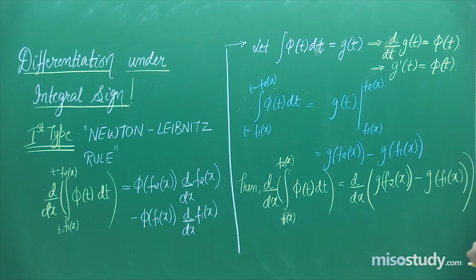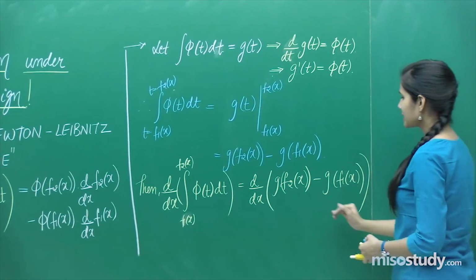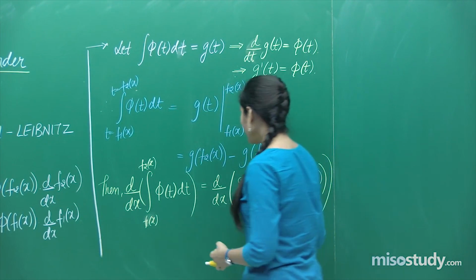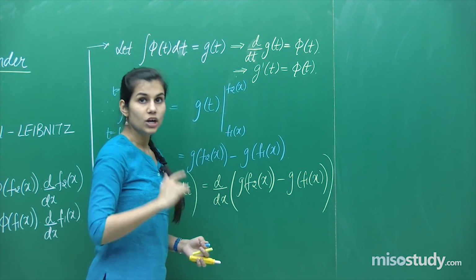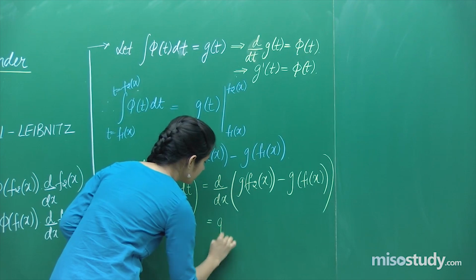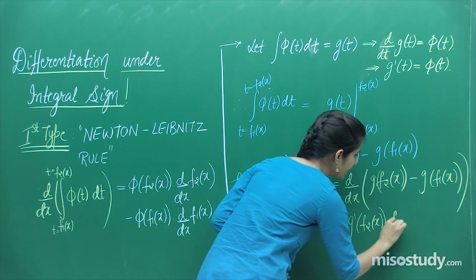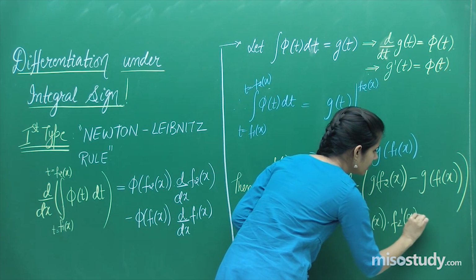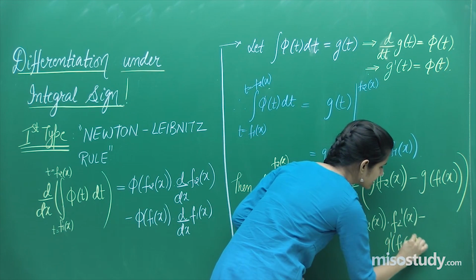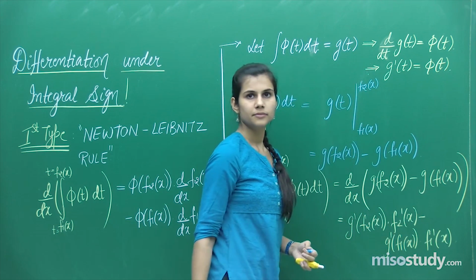Next step. G of f2(x) minus G of f1(x). This is d by dx of G of f2(x). What is the differentiation of a composition of functions? It is G'(f2(x)) into f2'(x) minus G'(f1(x)) into f1'(x), right?